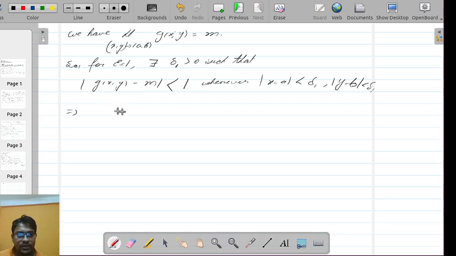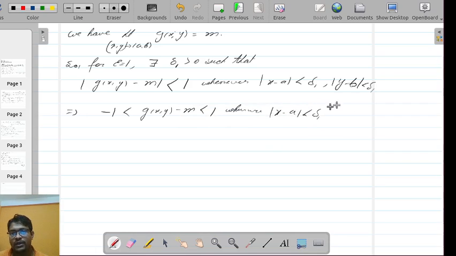So from here, can I write it this way? Minus 1 less than g of xy minus m less than 1 whenever mod of x minus a is less than delta 1, mod of y minus b is less than delta 1. This is already there, no problem.